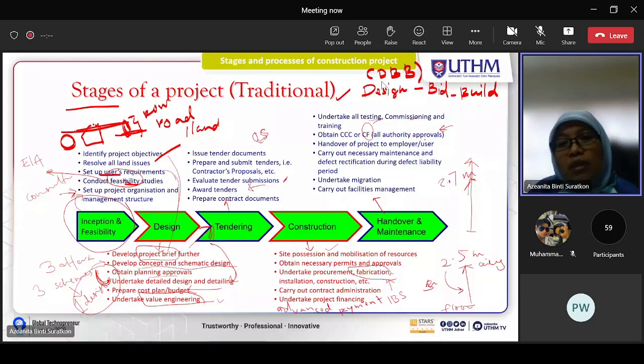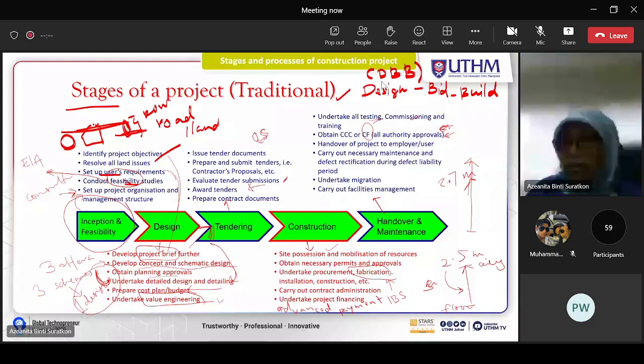So this is a better process, but this process actually costs some money to get the building certified by the local authority. It's not really compulsory, but it is actually better to have this CF.